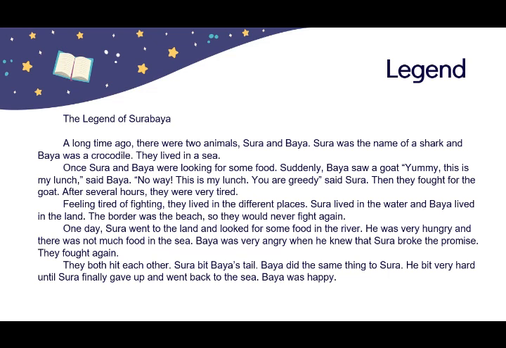He was very hungry and there was not much food in the sea. Baya was very angry when he knew that Sura broke the promise. They fought again. They both hit each other. Sura bit Baya's tail. Baya did the same thing to Sura. He bit very hard until Sura finally gave up and went back to the sea. Baya was happy.